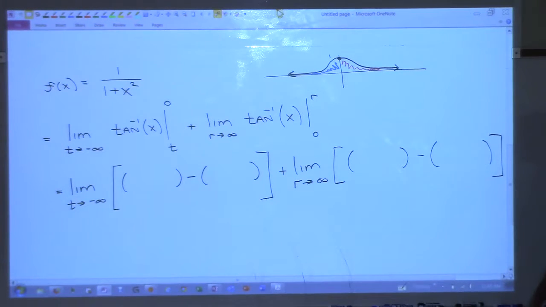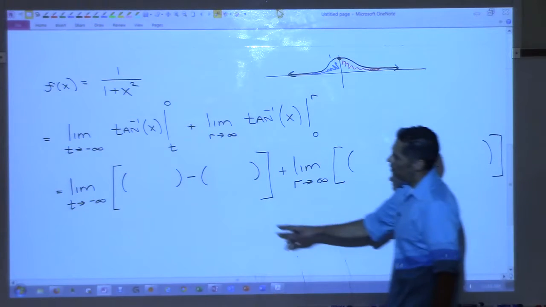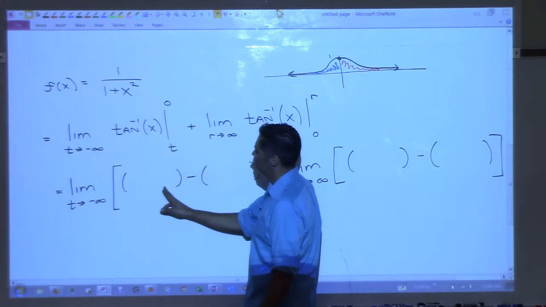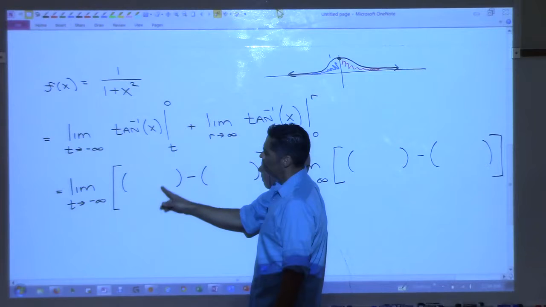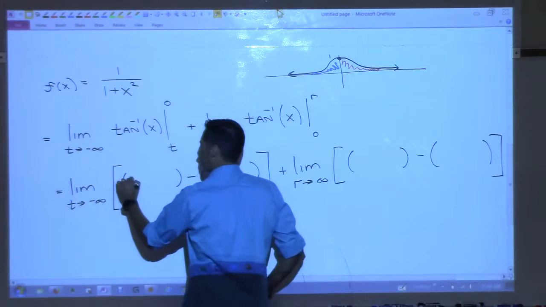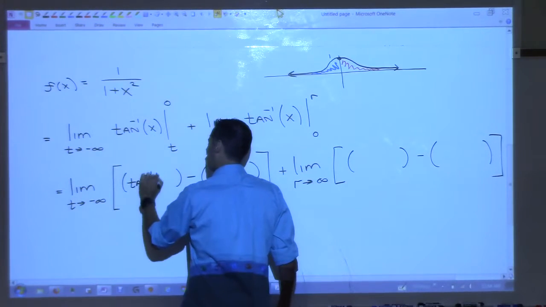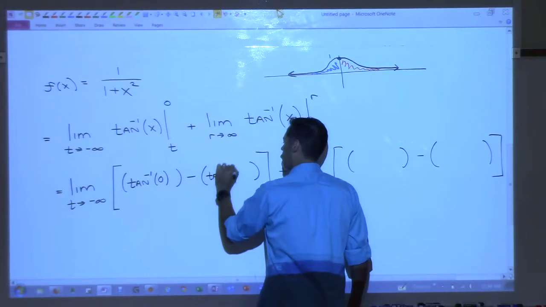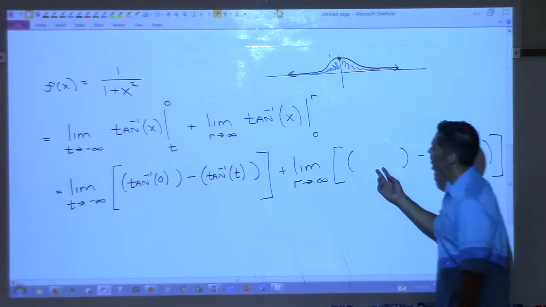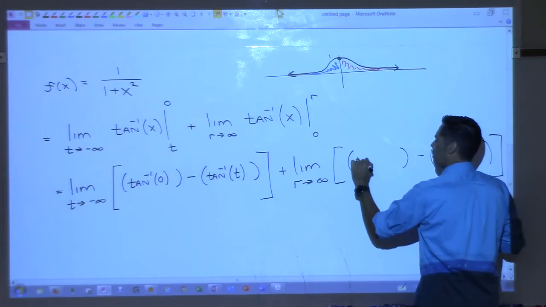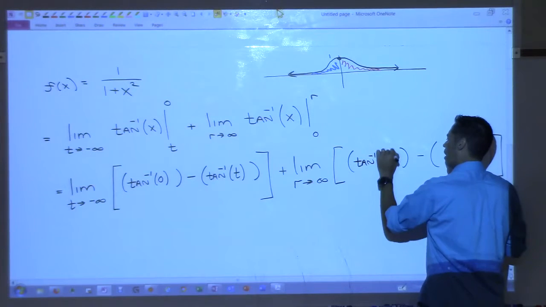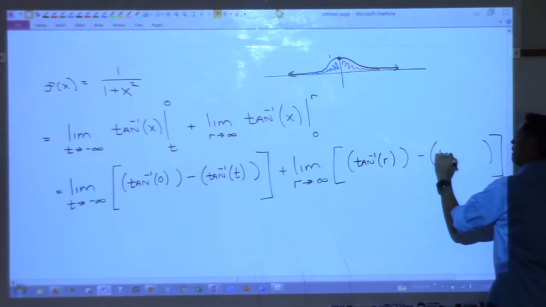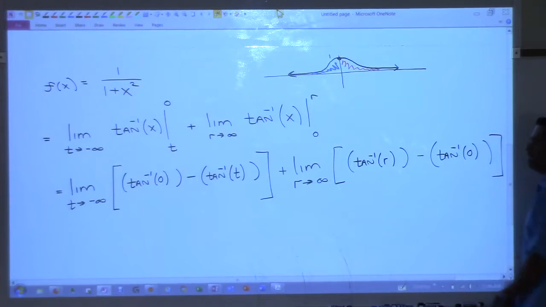So in here we're going to do arctan of 0, and here arctan of t. And then in this one, arctan of r, and then in this one, arctan of 0. Okay, again, everyone understand where all that came from? Any questions? You sure?